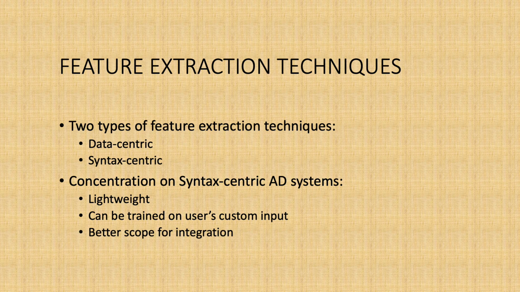So, for places where the system needs to be pretty lightweight, they can implement something called a syntax-centric feature extraction technique, where the syntax of the SQL query provides the features for our model to be trained.